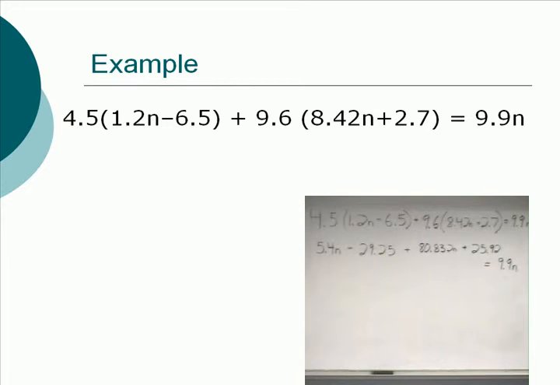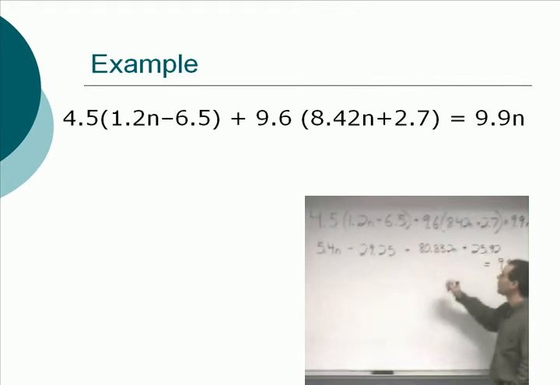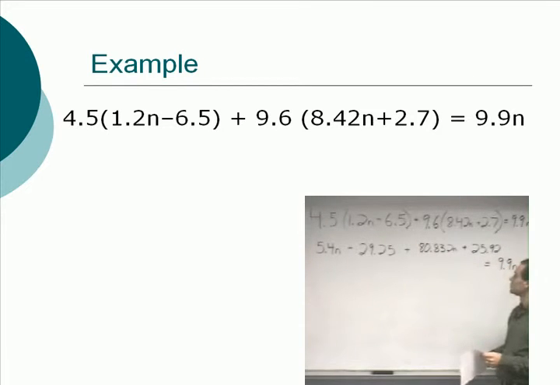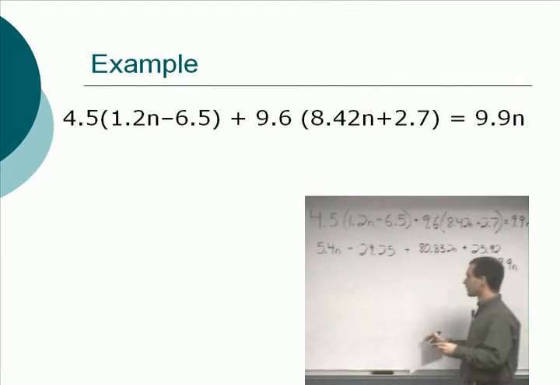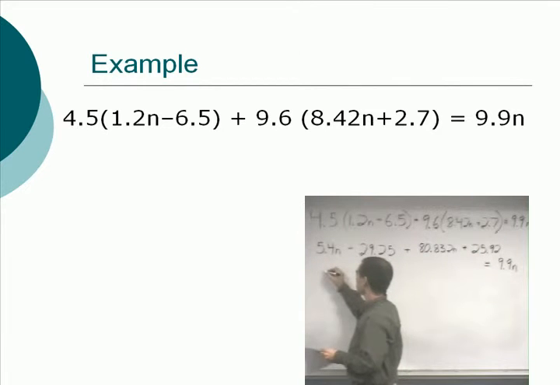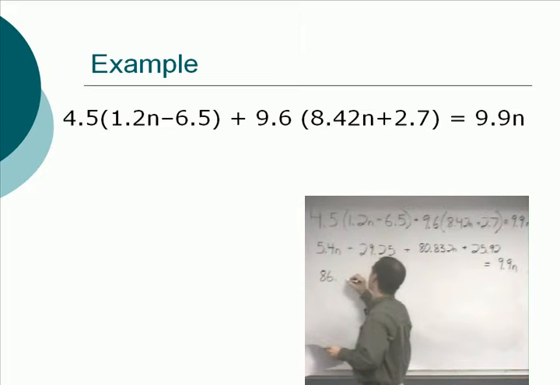All right, now we can go ahead and collect our n terms together. Let's just work on the left side to collapse this a little bit. 5.4n plus 80.832n is 86.232n.